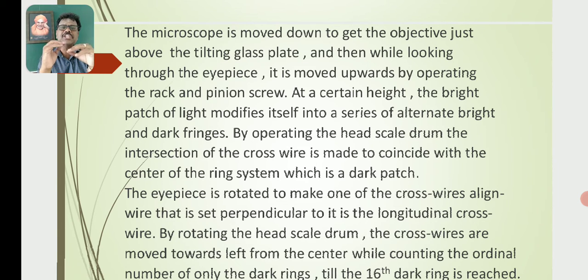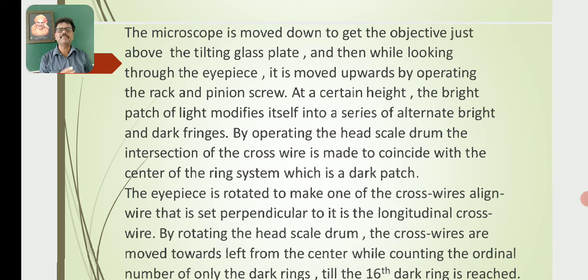At a certain height, the bright patch of light modifies itself into a series of alternating bright and dark rings. By operating the head scale drum, the intersection of the crosswire is made to coincide with the center of the ring system.